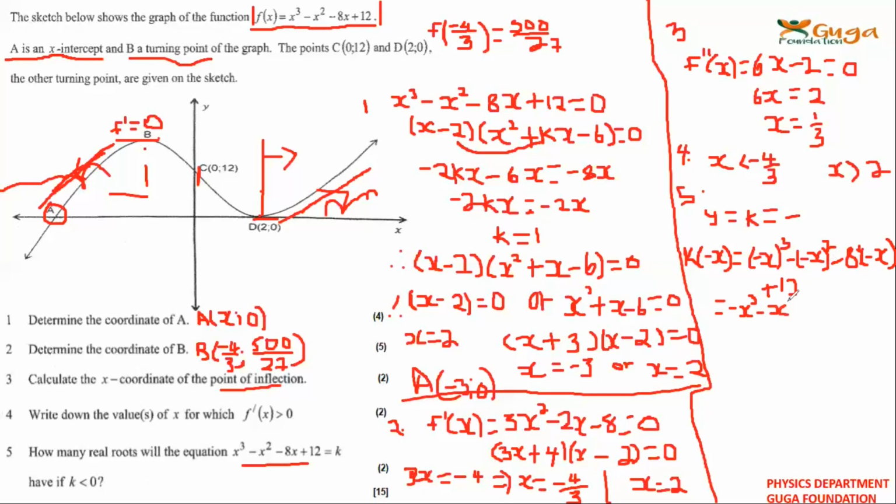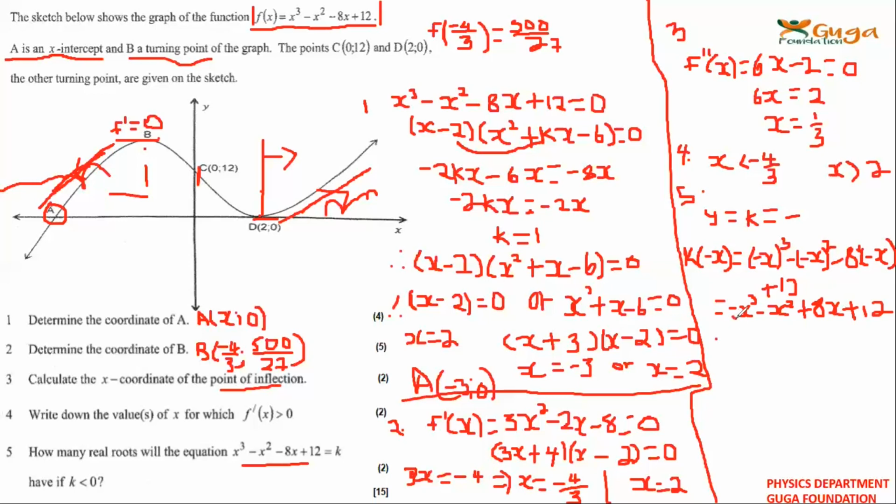This is important: negative x squared, negative and negative is plus. So here you'll have plus 8x, plus 12, all right?